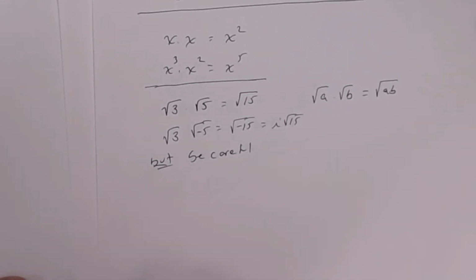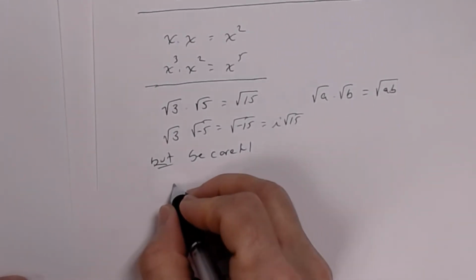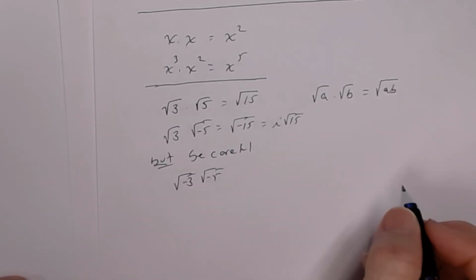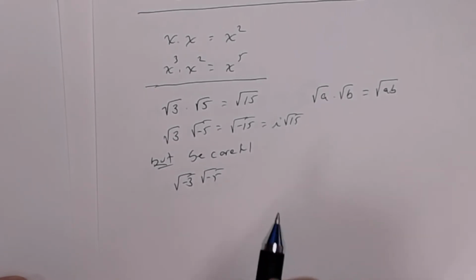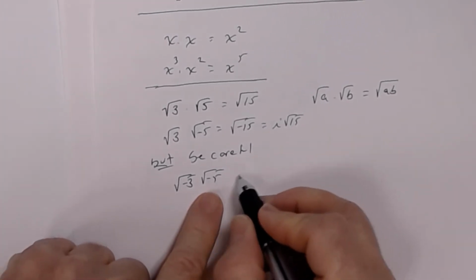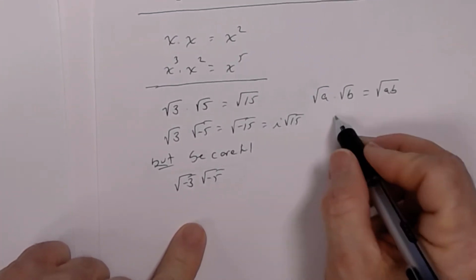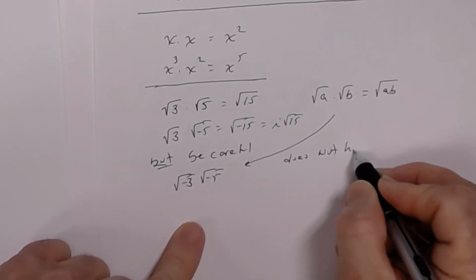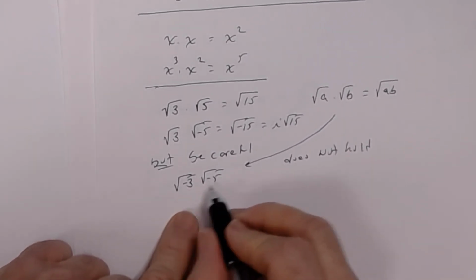What if they were both negative? So in other words, what if this was the square root of a negative 3 times the square root of a negative 5? I want you to know that this property no longer holds. This property does not hold for when they are both negative.